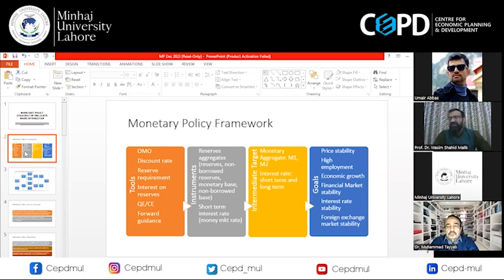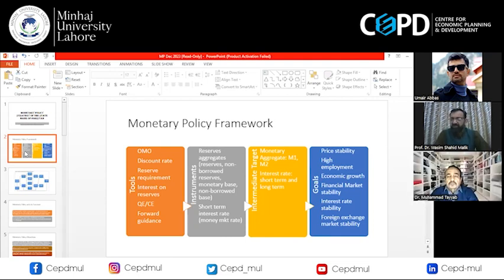And if there is price stability, then of course it will provide an enabling environment for high economic growth. So in that sense, high economic growth depends on price stability. So if the central bank achieves the objective of price stability, then definitely there will be high economic growth. In that sense, high economic growth can be an objective of monetary policy.